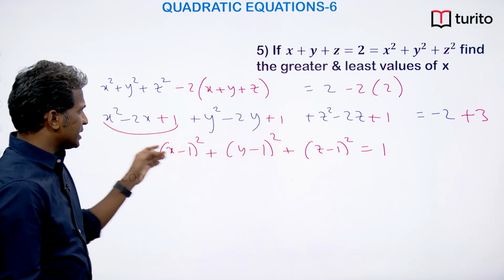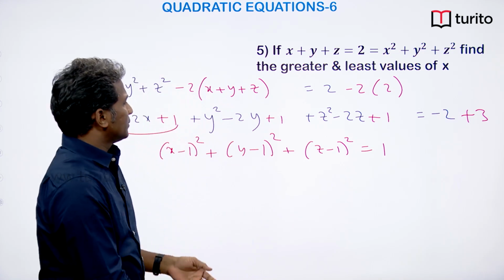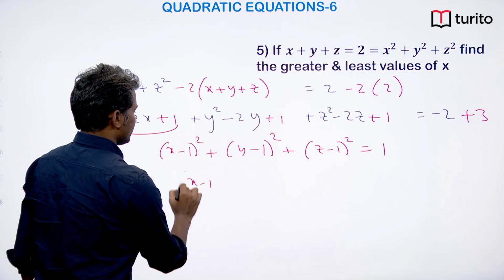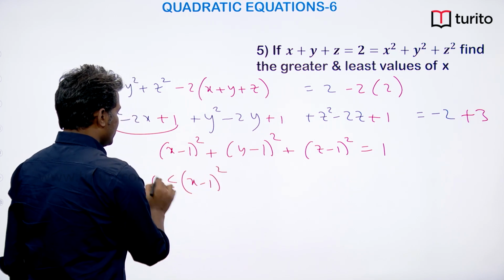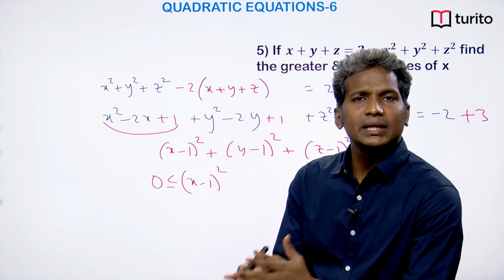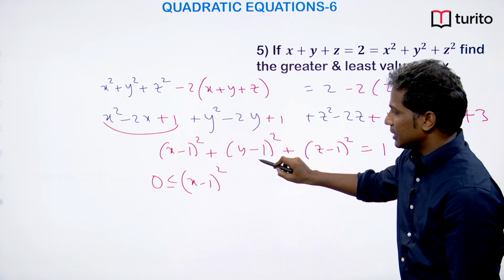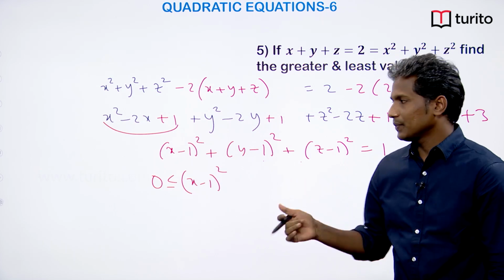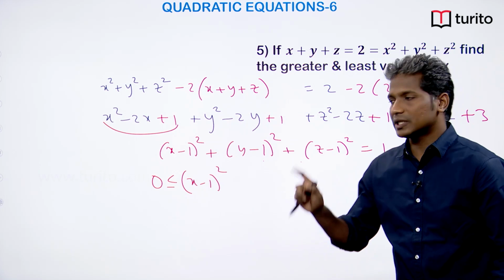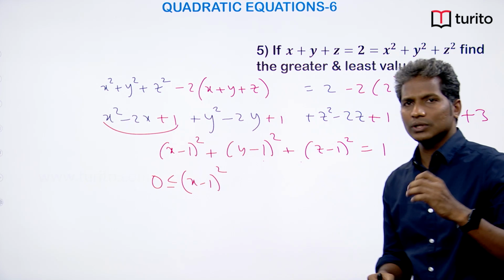So, here sum of 3 squares is equal to 1. All squares are positive numbers only. Okay. So, for any square here, suppose let us say I take x minus 1 square, the minimum value of this is 0, because we know that all perfect squares are always greater than or equal to 0. And what could be the maximum value? Because the other values cannot be negative numbers, they are also non-negative numbers. So, the overall value must be equal to 1, and we are looking for the maximum value of this x minus 1 whole square.